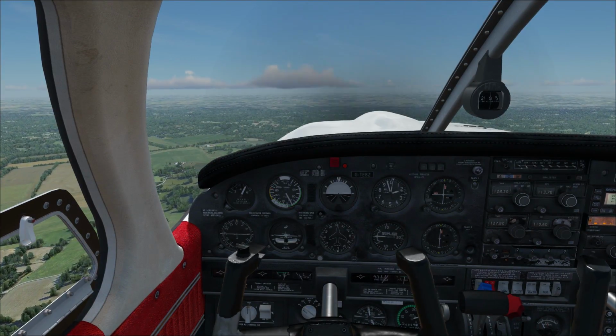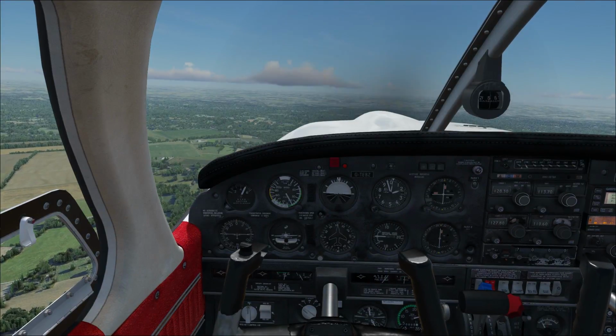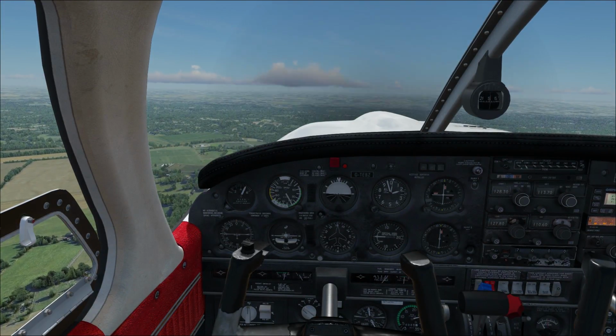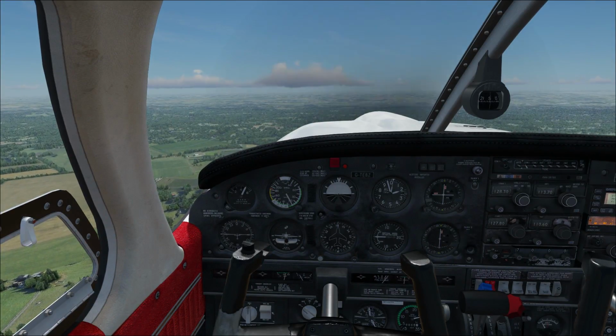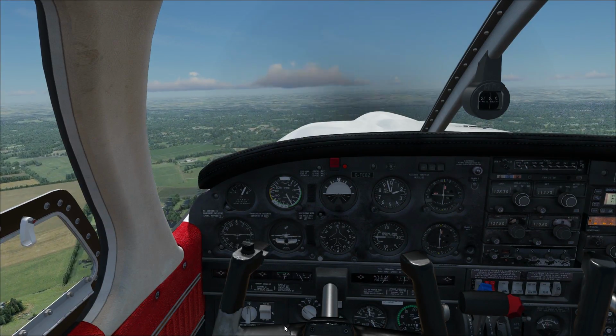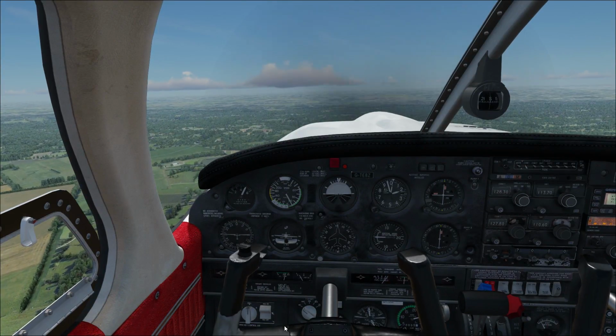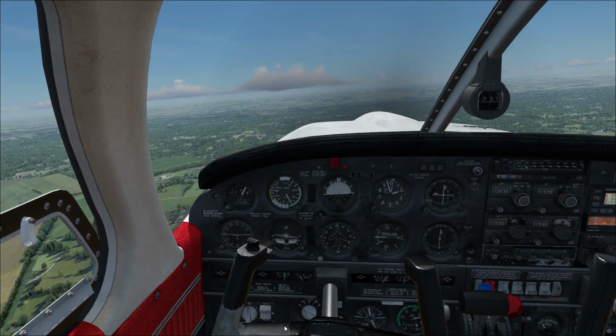So now we're going to do a turn to the right. So from 180, we're going to turn to 270 again. And this time we're going to turn right. Now watch, I will have to put more rudder in, because you're going to notice that ball start to move a lot faster. So here we go. Turning to the right.